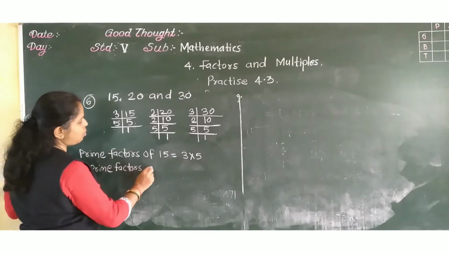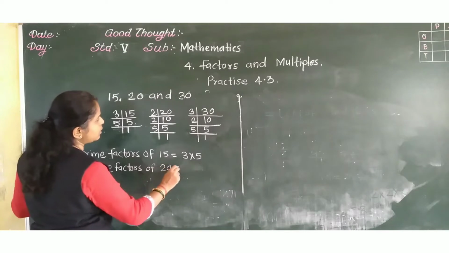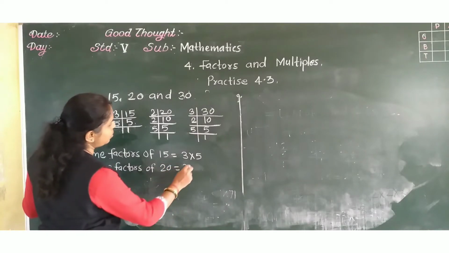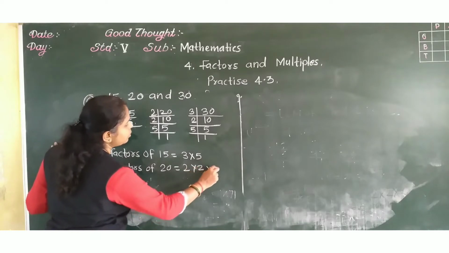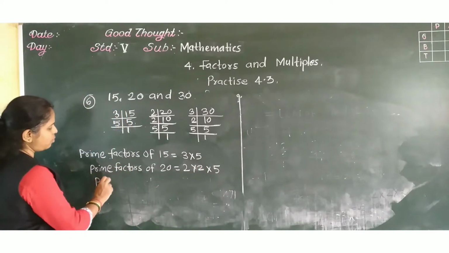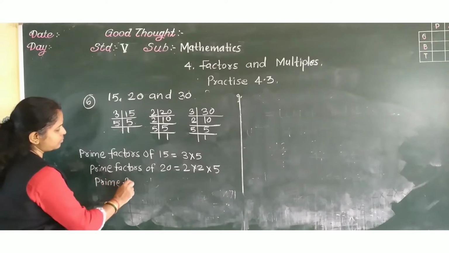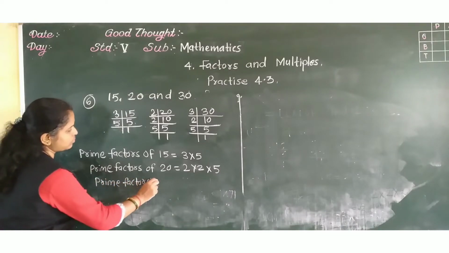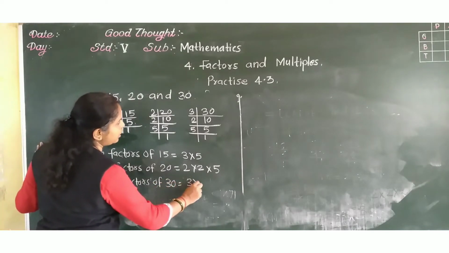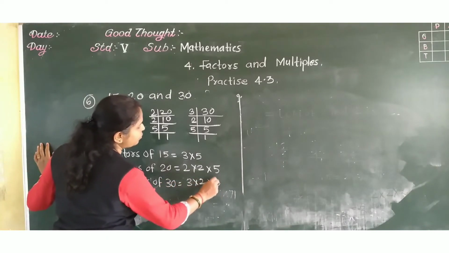Prime factors of 20 is equal to 2 into 2 into 5. Next, prime factors of 30 is equal to 3 into 2 into 5.